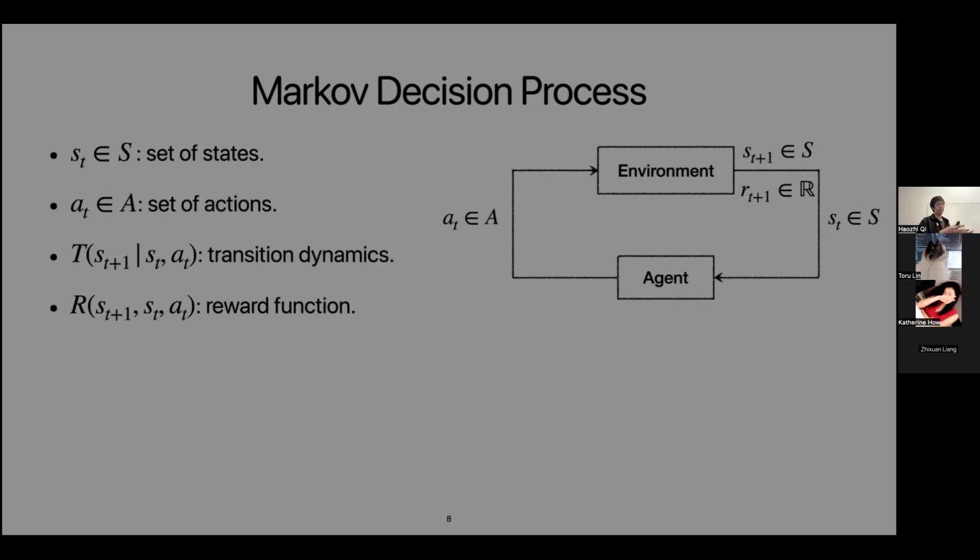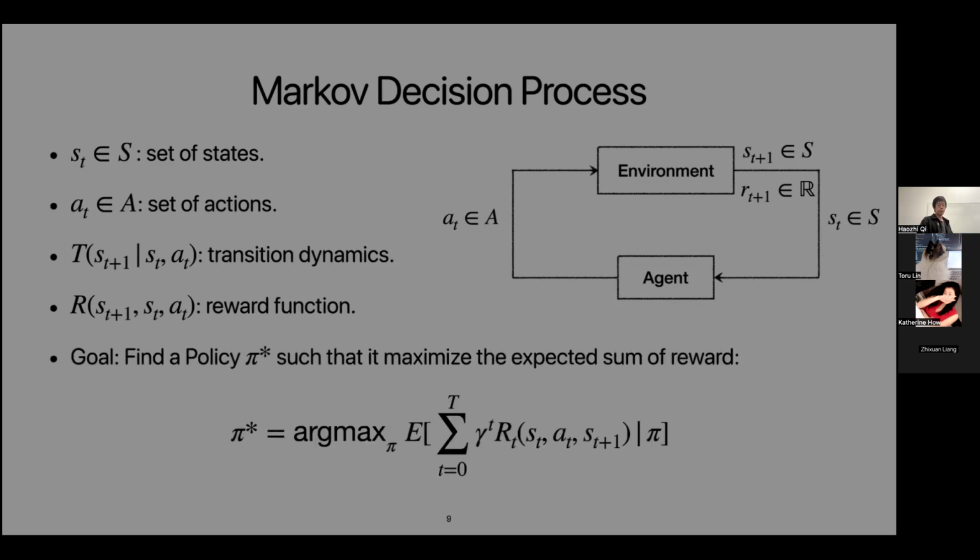How it changes is defined by the transition dynamics, which outputs S_{t+1}. Meanwhile, it also produces a reward function, which tells the agent whether the action is good or not, depending on the task. For different tasks, you have different reward functions that guide the agent's behavior.